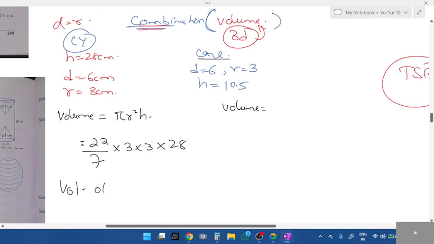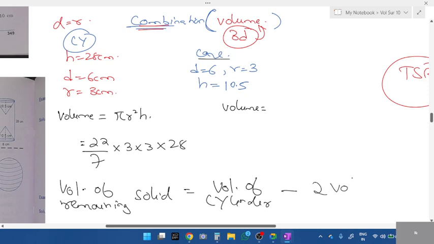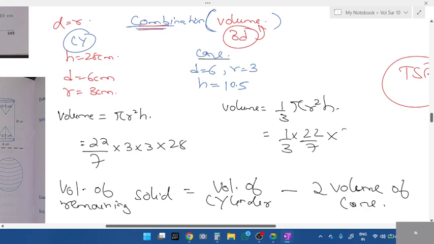Take down the formula. Volume of remaining solid. 10.5, I'll write it as 105 divided by 10.